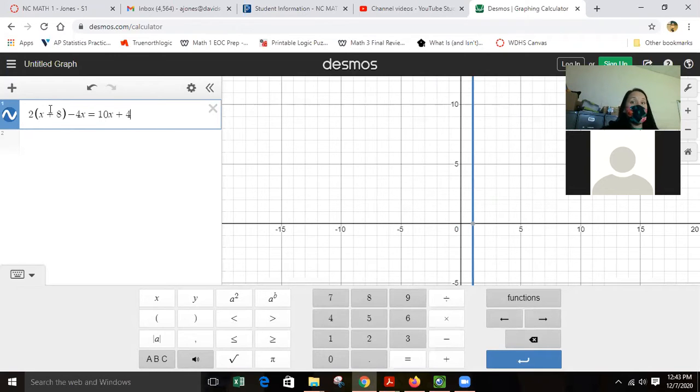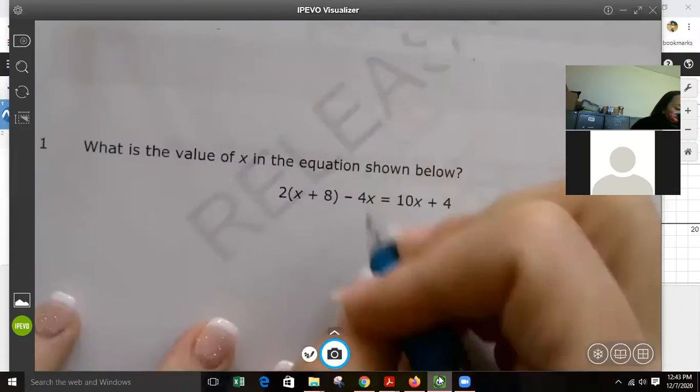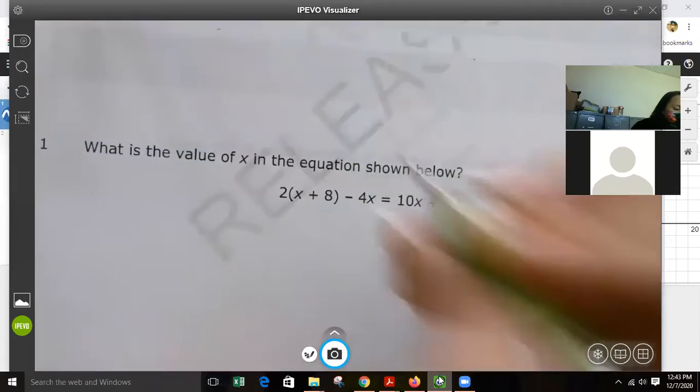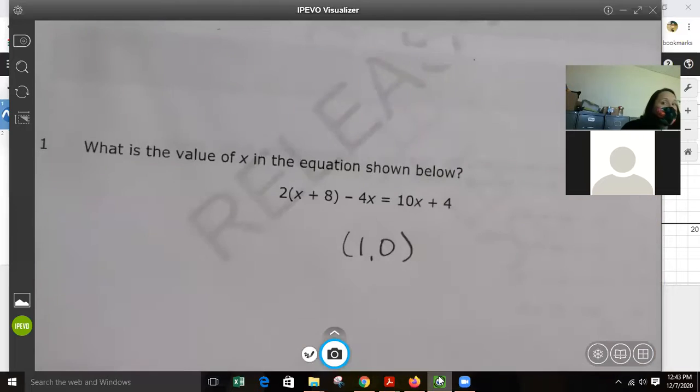All I did was type it in, and you see it gives you this pretty blue line right here. Where is the blue line at? 1, 0. What's your X coordinate? Let me get the right pencil that works. You get the coordinate 1, 0.